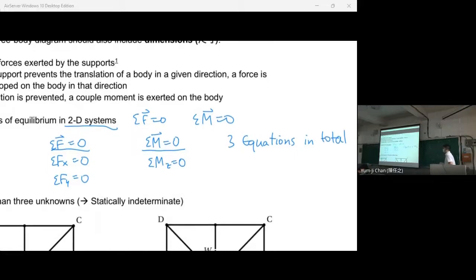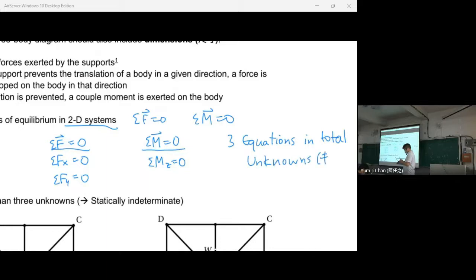From your mathematics, if we have 3 equations, how many unknowns can we have? 1, 2, 3, or 4? We have 3 equations in total, so we can have 3 unknowns, okay?